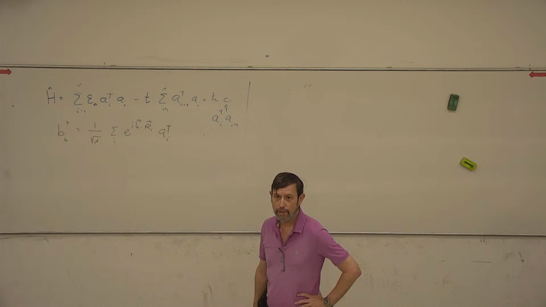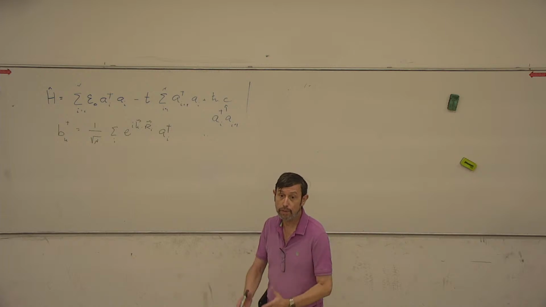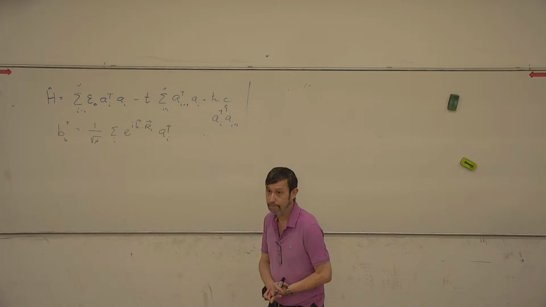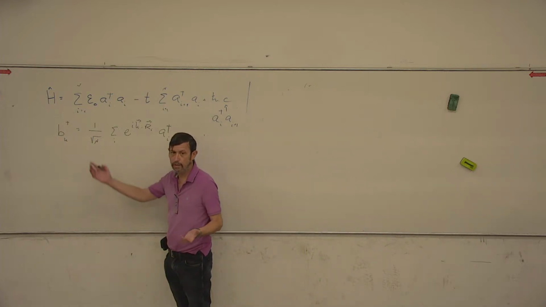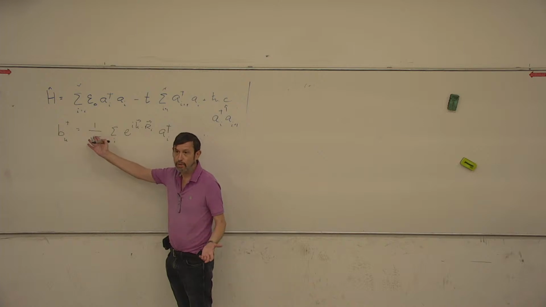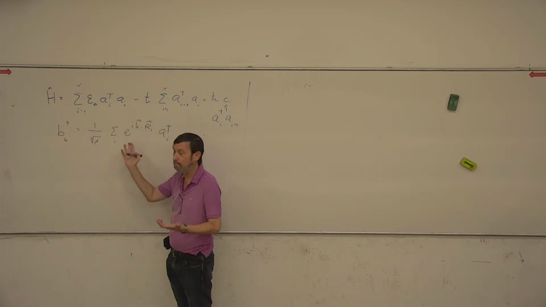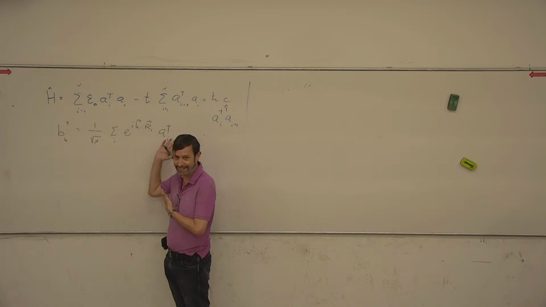What did I do here? Somewhat surprising, I do a Fourier transform directly on the operator. But in a sense, what do I care? I defined the operator. I can multiply it by a phase and write another operator which is the sum of the operators that I already know.